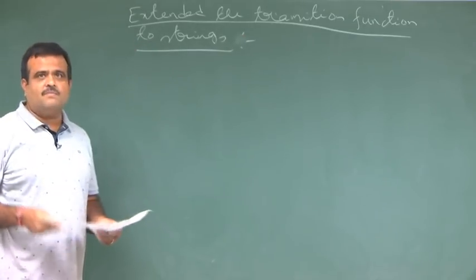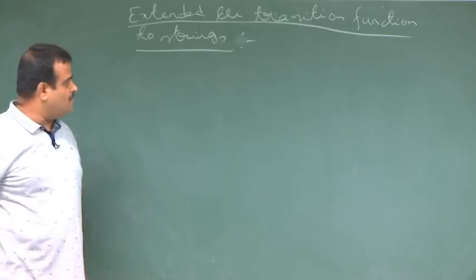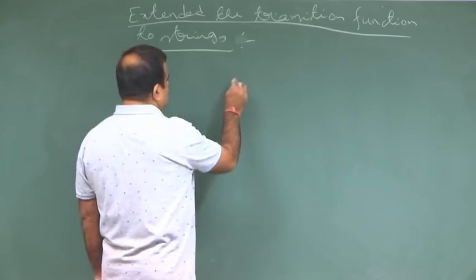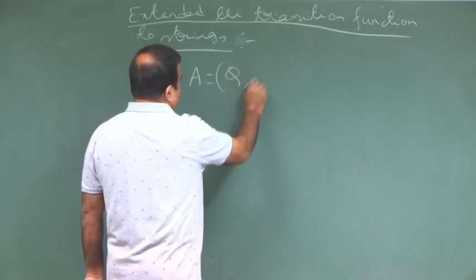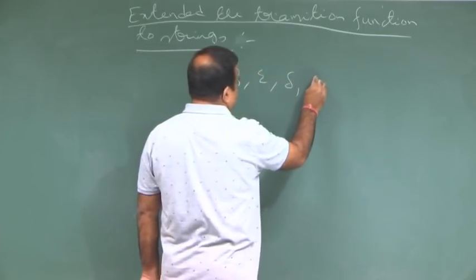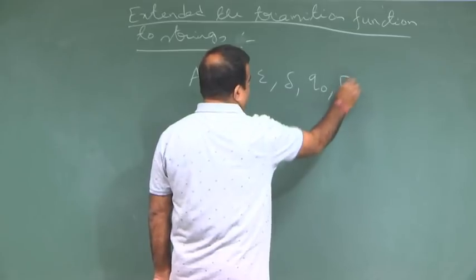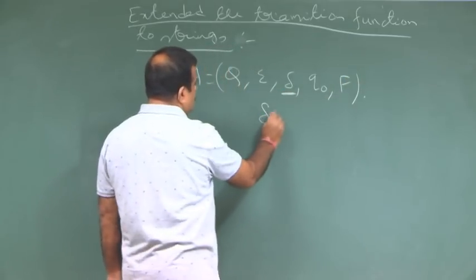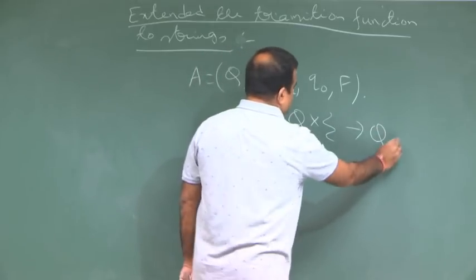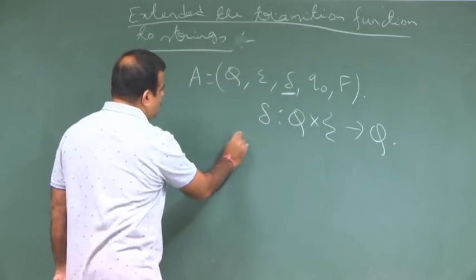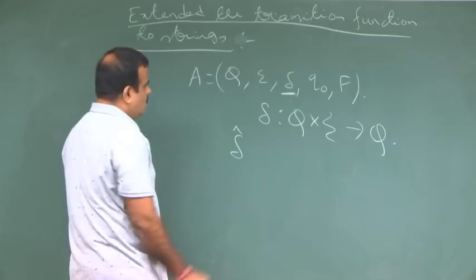Okay. We have already seen this, because in the last example we had a DFA with Q, Sigma, delta, q0, F. Now, this delta we are going to extend over a string.